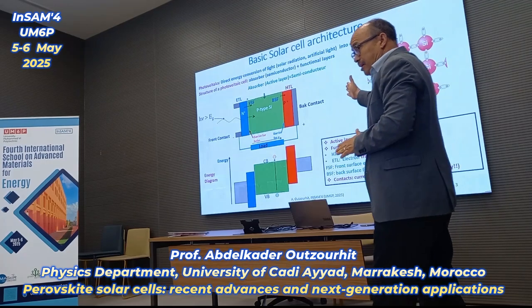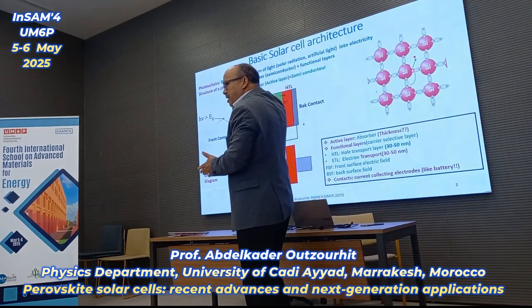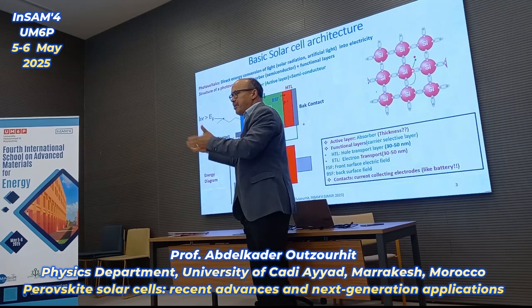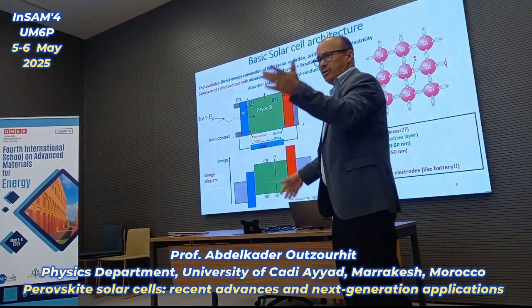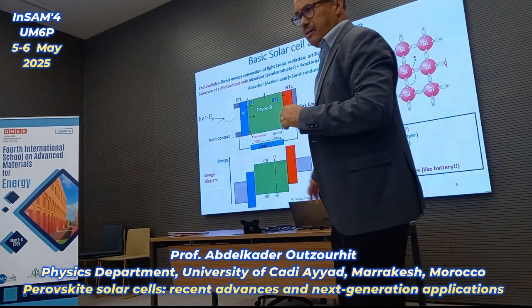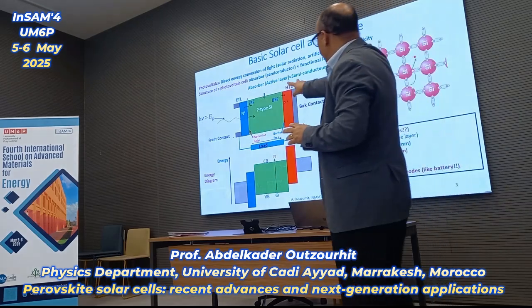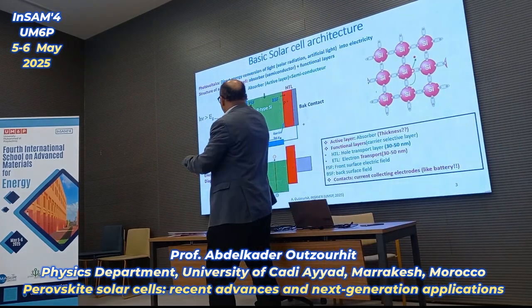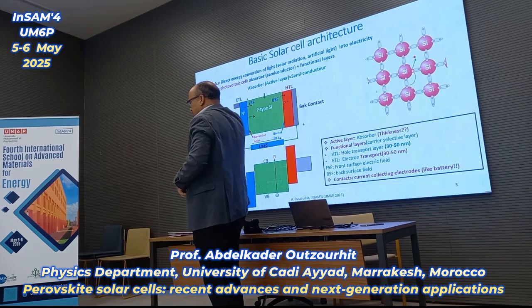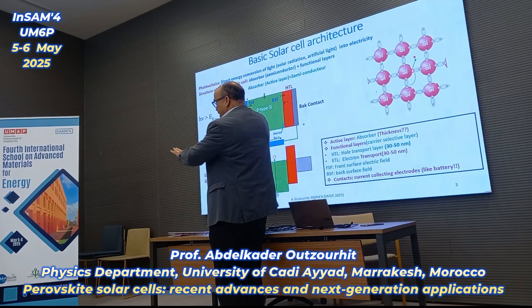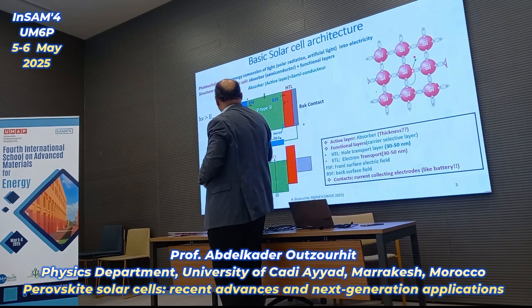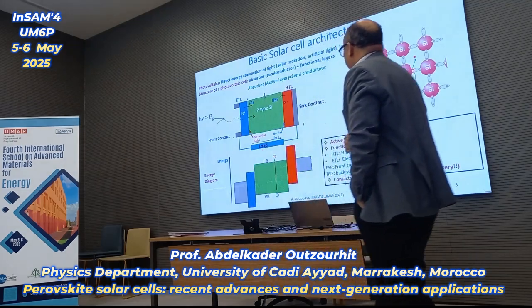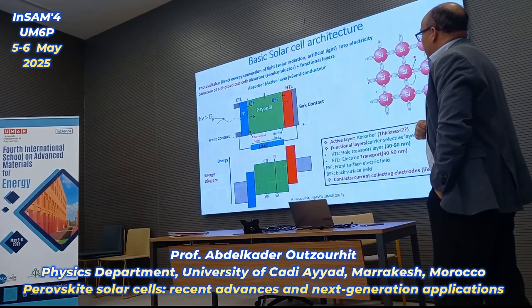The back contact can also be transparent. In this case, we talk about what we call bifacial solar cells. That's what we heard in the last presentation. In bifacial solar cells or bifacial modules, the cell can be illuminated from both sides. So this contact is also transparent. It's like fingers, so that light can get onto the absorber.